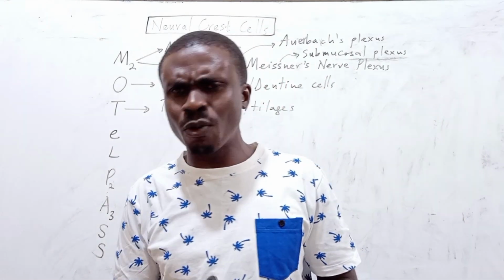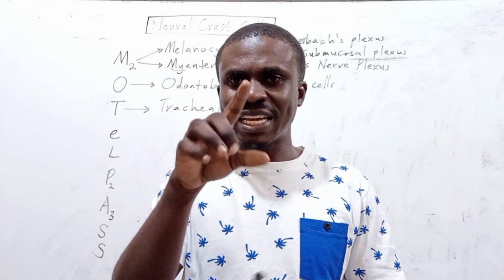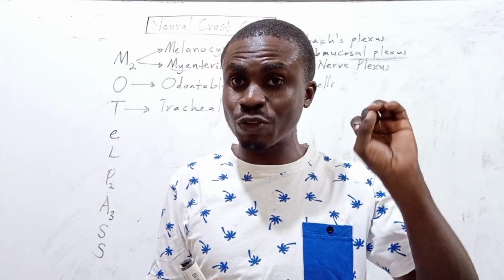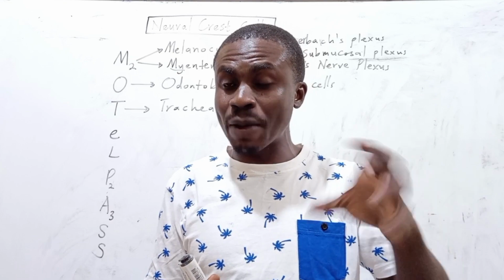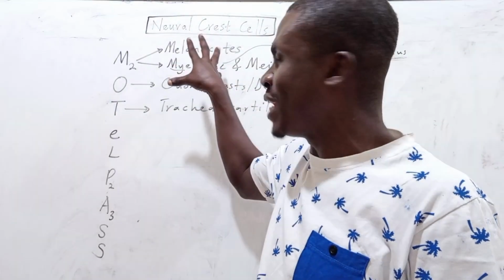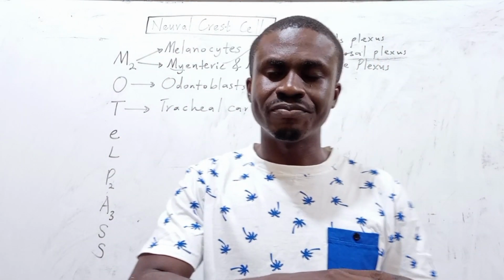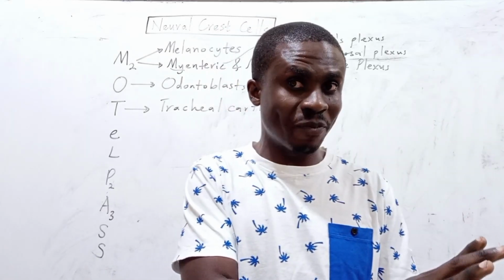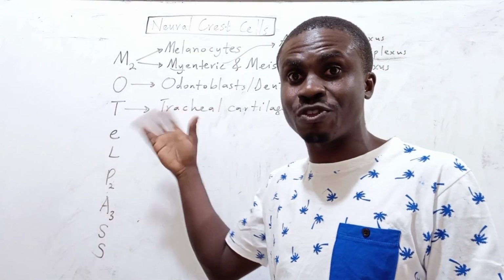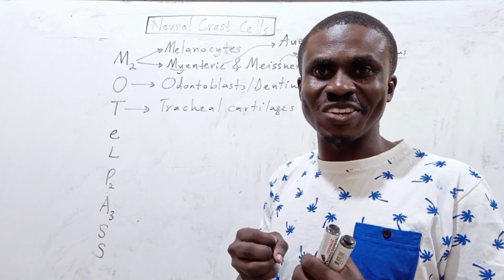For this reason, one thing I want you to put down is that any mesoderm coming from outside the mesoderm of the 3 germ layers we've seen already, the mesoderm proper, which I could call the primary mesoderm, this mesoderm coming from neural crest cells will be secondary mesoderm. So the cartilage which will give rise to these tracheal cartilages, coming from these neural crest cells, will be secondary mesoderm.